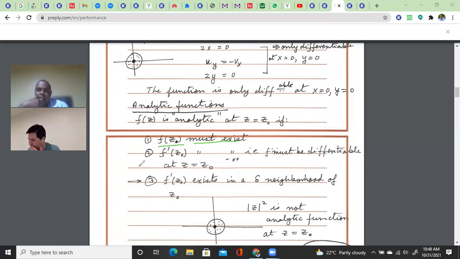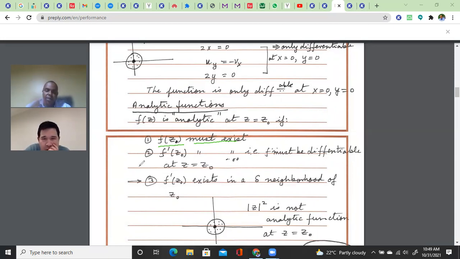Okay. Got it. So there is a very thin line between analytic and differentiable.